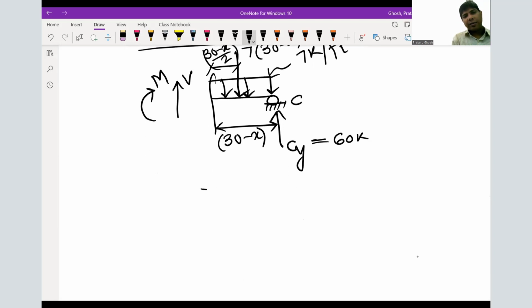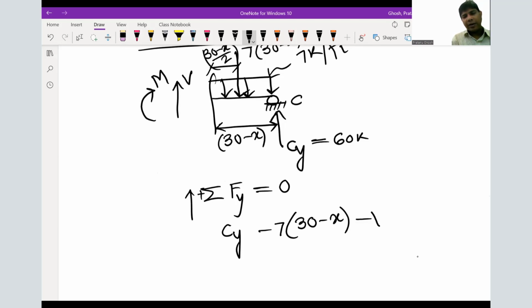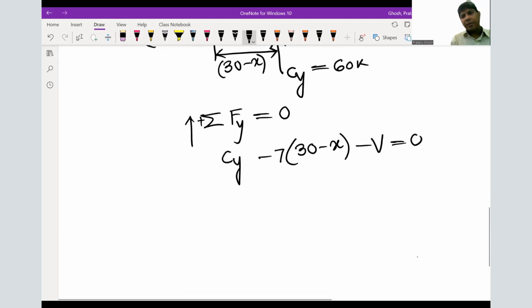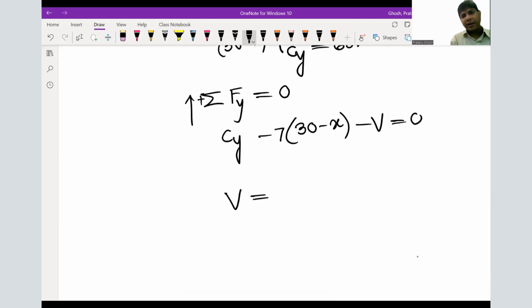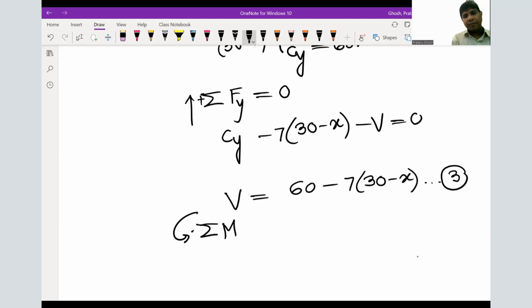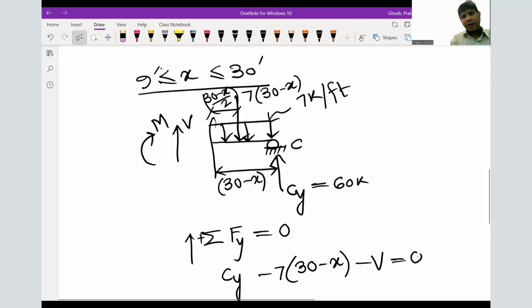Again, summation of Fy is 0. Cy is there, upward. 7 times 30 minus x is downward. And V is downward. So if you do the math, V becomes Cy, 60, minus 7 times 30 minus x. Equation 3. Then the moment: negative M, clockwise, as you see.